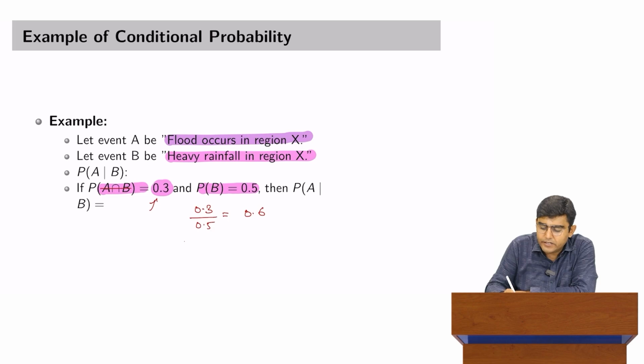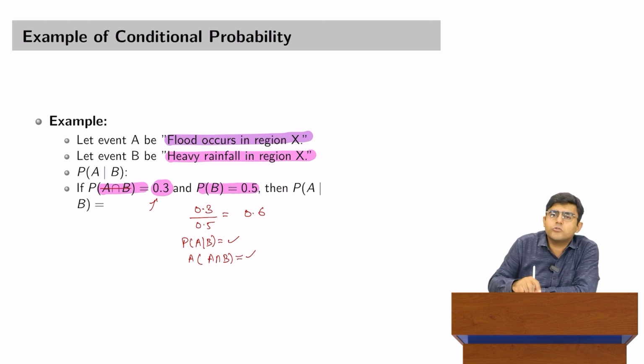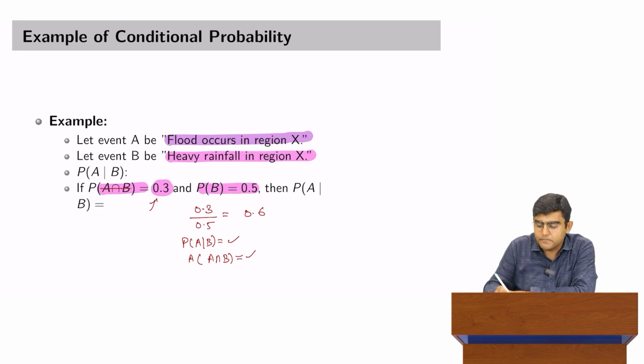Now, interestingly, if I have the conditional probability and the probability of the intersection known to me, I can also work out the probability of the event on which the other event was conditioned.